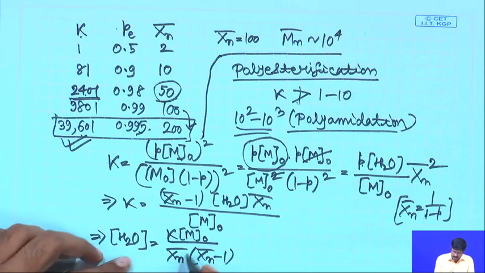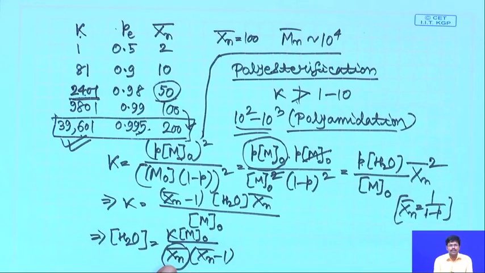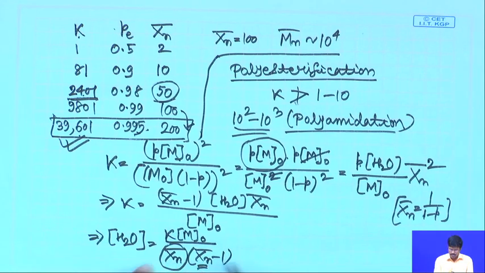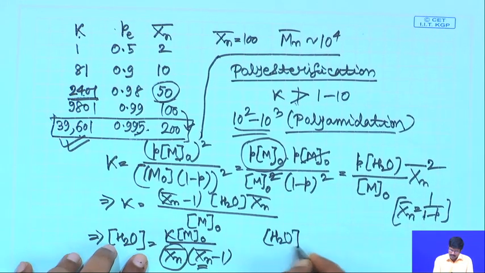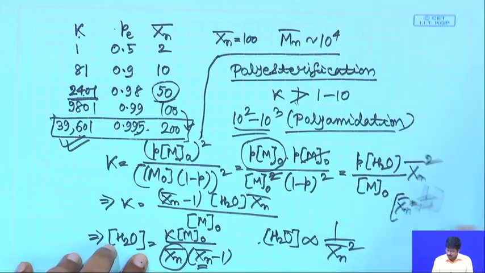So, it shows that in order to get a higher value of degree of polymerization, you need to remove water more. So, the lower the concentration of water at equilibrium, the higher the value of this degree of polymerization. So, basically this Xn bar you want very high. So, Xn bar minus 1 is close to Xn bar. So, typically the concentration of water is proportional to 1 divided by Xn bar square.